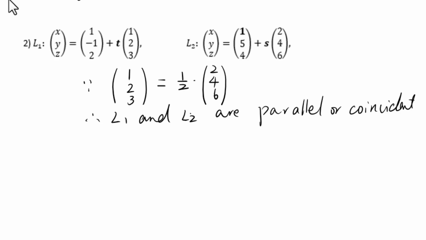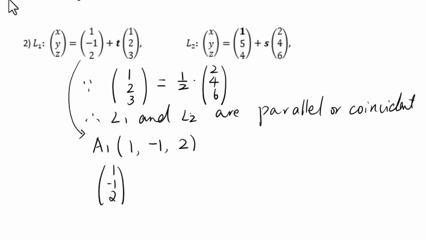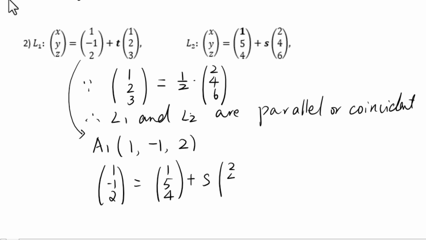I still use this point A1 on L1, (1, -1, 2). Substitute into L2: (1, -1, 2) equals (1, 5, 4) plus s(2, 4, 6).